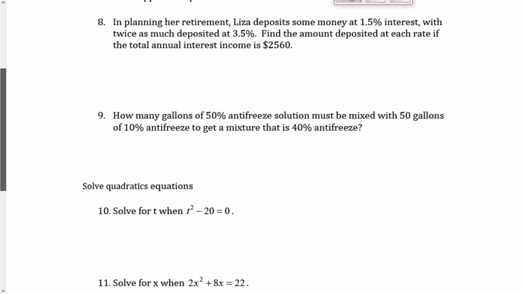This application problem is a little bit easier than the one we dealt with in class. Lisa deposits some money. You don't know what that money is, so let that be a variable. Let it be x. So she invests some money at 1.5%. We want to find out what money we're going to invest at 1.5%. That's our question.